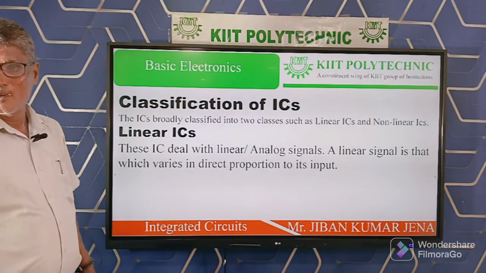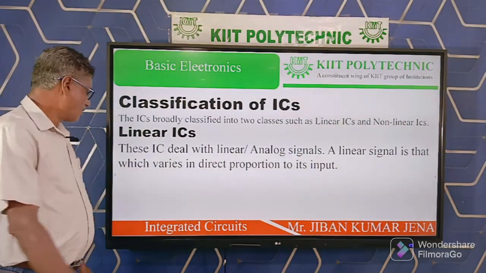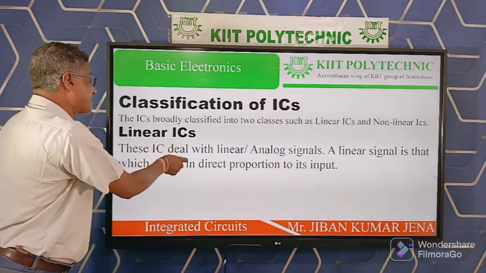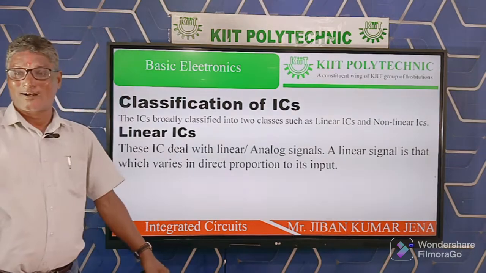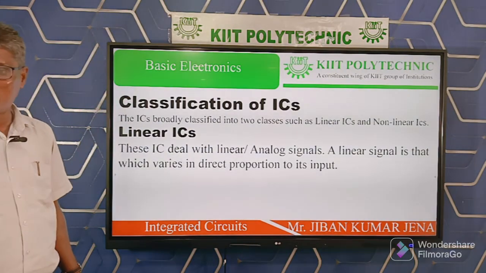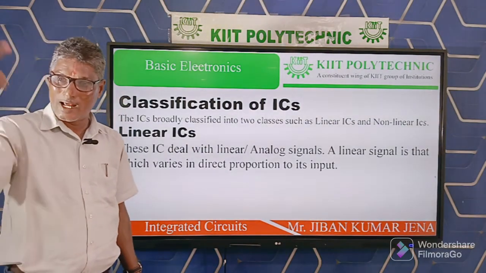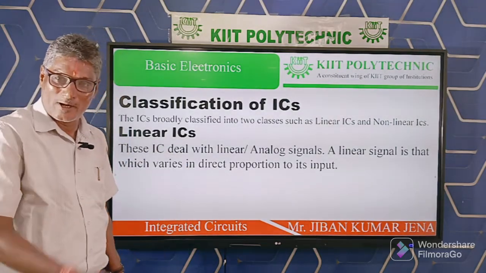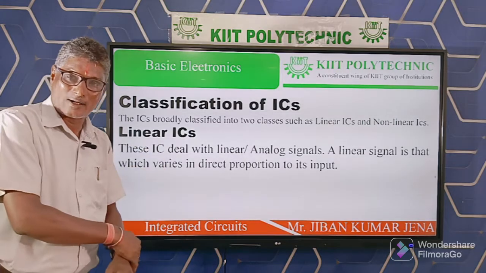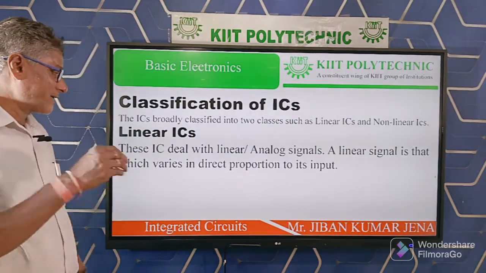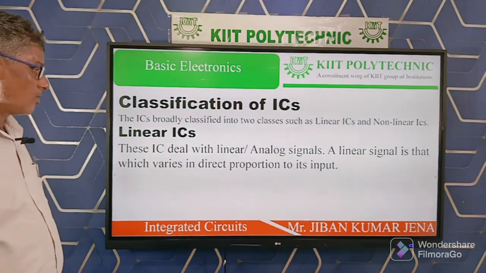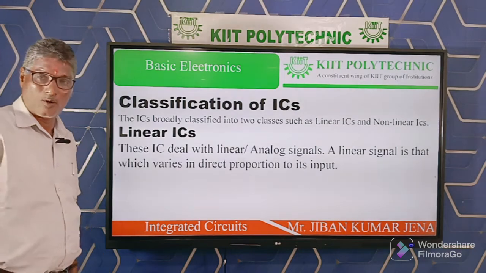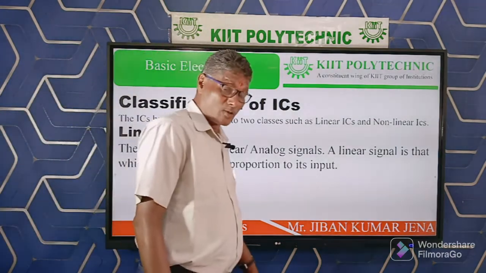First, the linear ICs. What do you mean by linear IC? This is the definition: these ICs deal with linear and analog signals. You have already known that signals are basically two types: one is analog and one is digital. In the case of a linear or analog type IC, an analog or linear signal is used, and this signal is one that varies in direct proportion to its input.